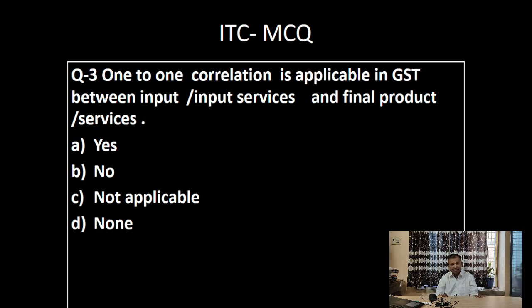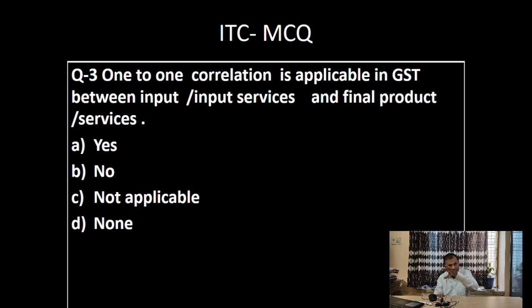Different sources are there. Whether each source of ITC will be adjusted with the output of a particular source, or inter-source adjustment is allowed. If a particular source of ITC is adjusted with a particular source of output tax, then it is called one-to-one correlation. Friends, in GST, one-to-one correlation does not exist.